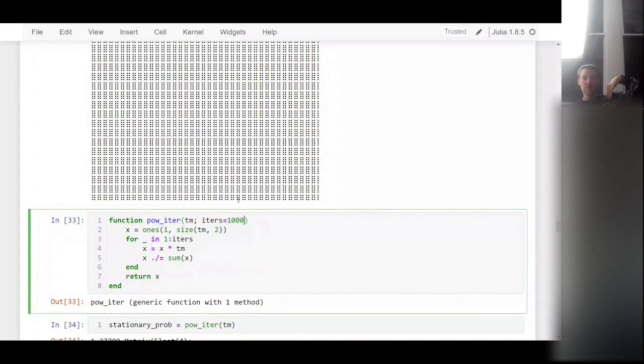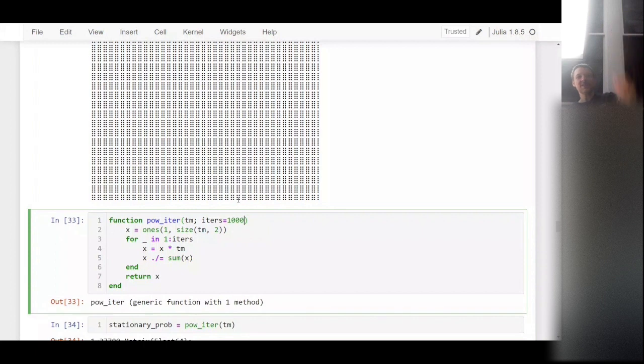Here we won't prove it. This algorithm is called the power iteration method. That's why I call this function powiter. You can prove that it will converge to a so-called stationary distribution.